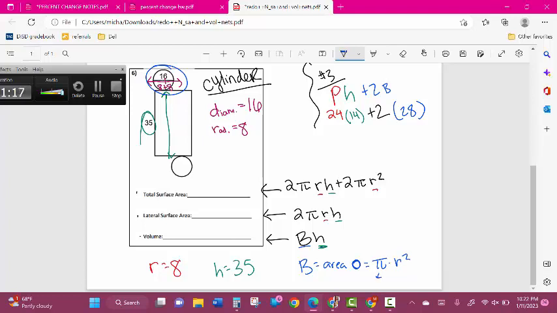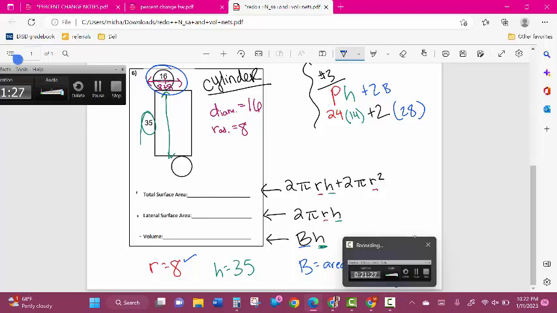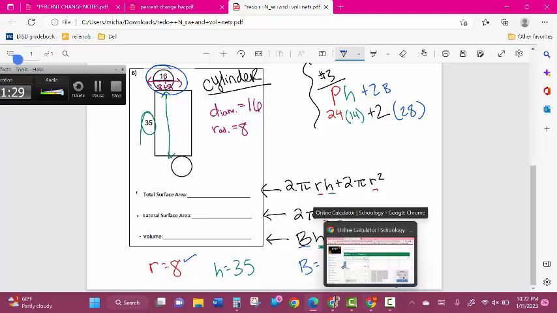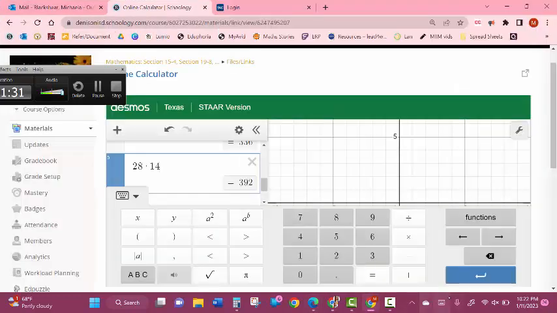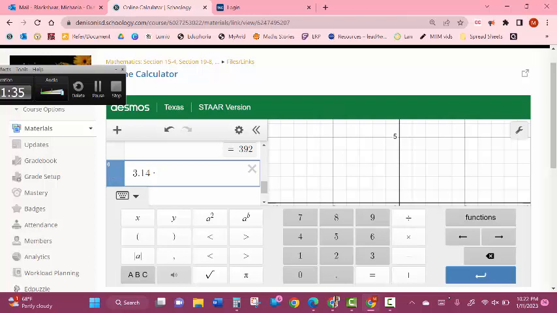Well, you guys know pi is just 3.14. And we know that r is 8. So we're just going to square 8 and multiply that by pi. Okay, so we can go to the online calculator, type in 3.14 times, that's pi times 8 squared.